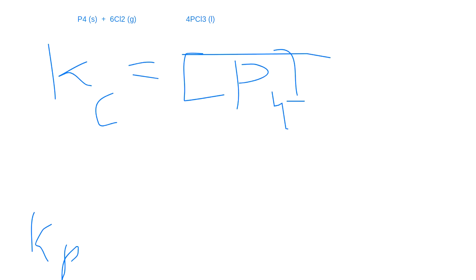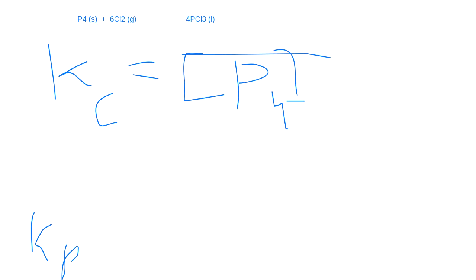Why are you writing solid here? You have to write only gas. PCl3 is a liquid, you cannot write it because that is constant. Teacher, in all equilibria we don't write solid.